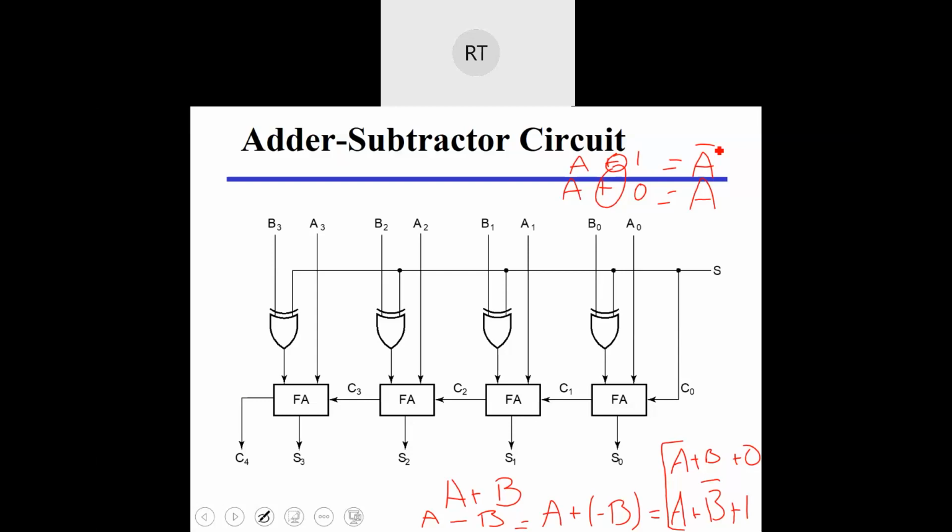So now, if my S is a 0 here, and this is a B0, when I do XOR for them, I get a B0. And this is my A0, and this is 0. Can you see them? Okay? So this is the first. I get now a sum, and a carry in will go to the next full adder.